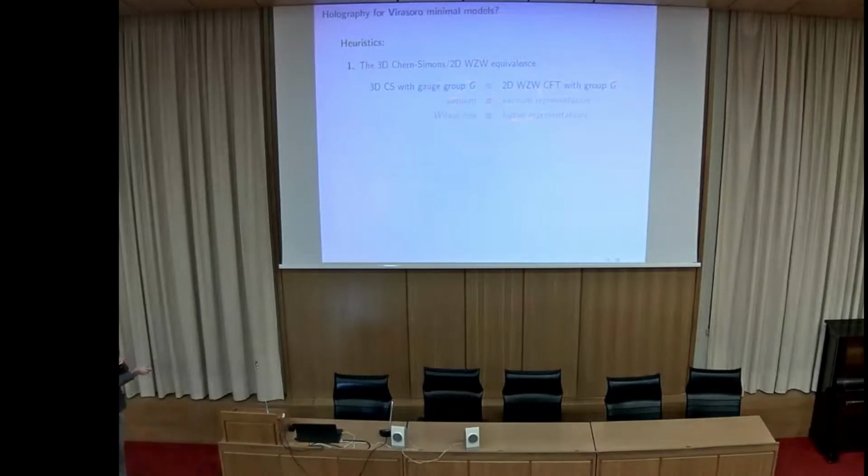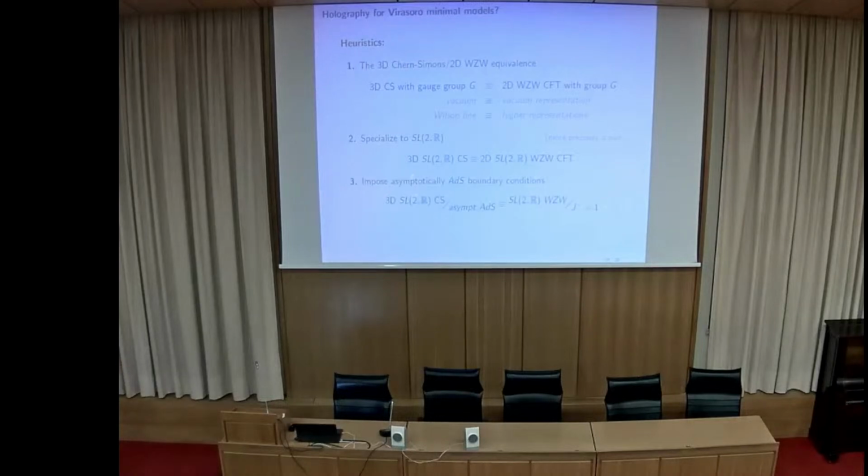If we have a matter representation here, this representation causes a puncture and adds a Wilson loop in the center of the disk. Now, if we specialize to SL2R, we would expect something similar. It's non-compact, so there are lots of problems here, but suppose that it works.